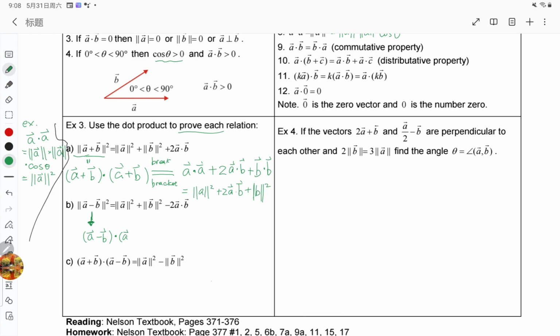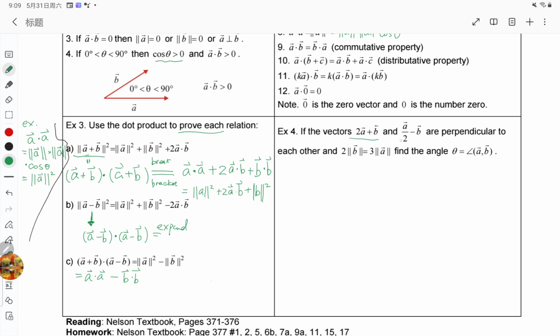Norm square is the inner product with itself, so whenever you see a norm square, you can write it down as the inner product with itself and just expand. So this is nothing fancy.